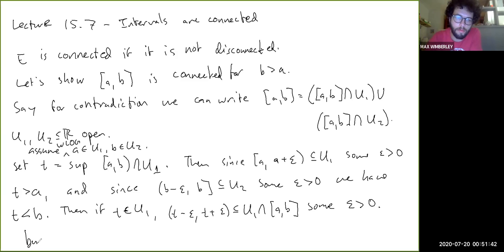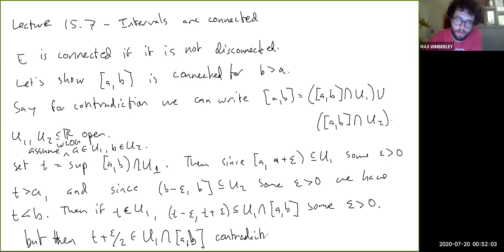But then T plus epsilon over 2 is in U1 intersect [a,b], contradicting the definition of T. On the other hand, hopefully you can see how this argument is supposed to go.